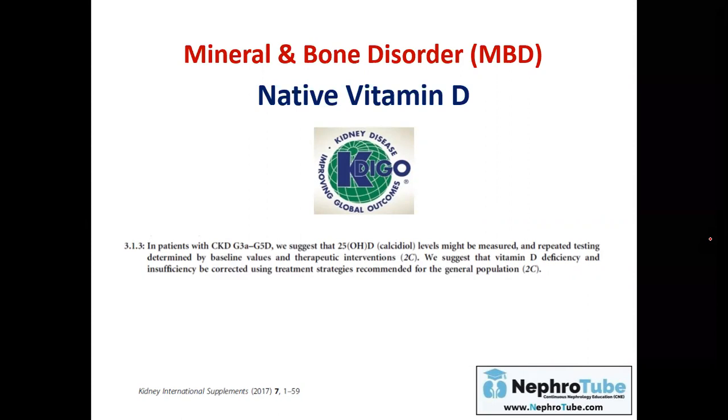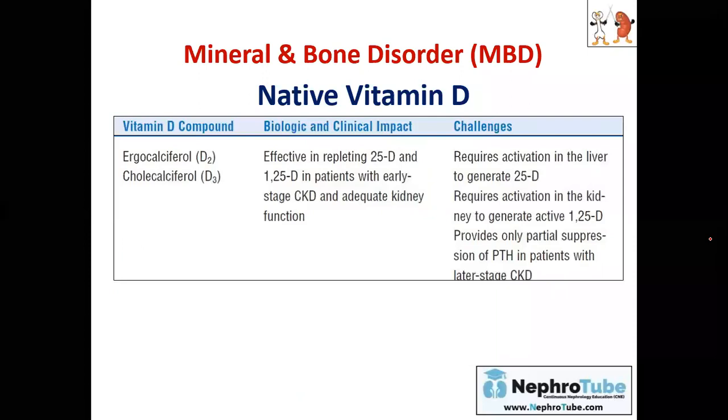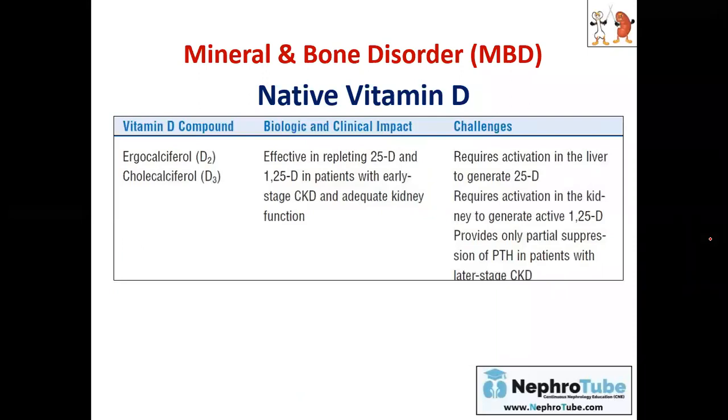So the target of native vitamin D, 25 calcidiol, in our patients is to be more than 30 nanogram. If the patient has vitamin D deficiency, you have to load the patient with vitamin D at the start with ergocalciferol or cholecalciferol. You have to give the patient about 2,000 units per month.